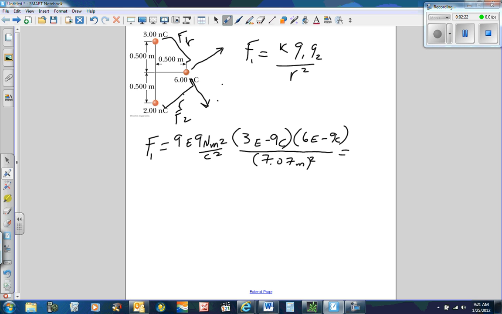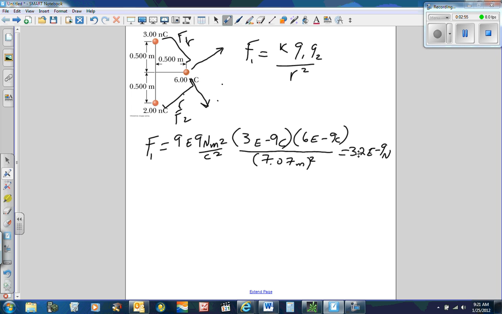And we get a number, right? So I'll put it in my calculator real quick. 9E9 times 3E negative 9 times 6E negative 9 divided by 7.07 squared. If the calculator gives me the right number, and I put it all in correctly, it's 3.2E to the negative ninth newtons.